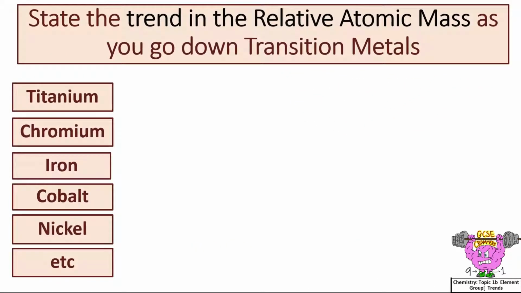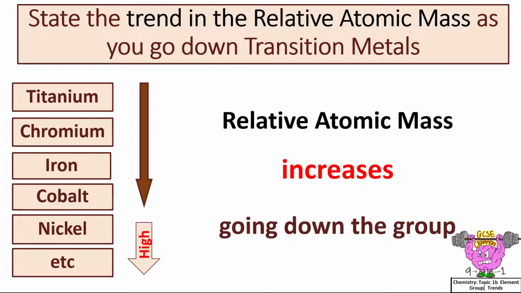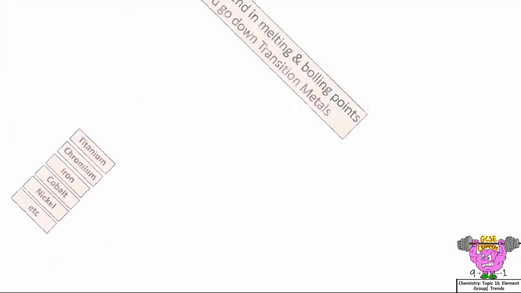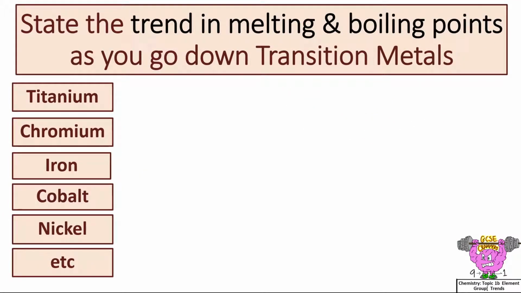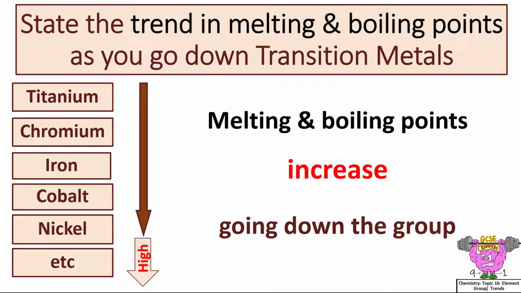State the trend in the relative atomic mass as you go down transition metals. The relative atomic mass increases going down the group. State the trend in melting and boiling points as you go down transition metals. Melting and boiling points increase going down the group.